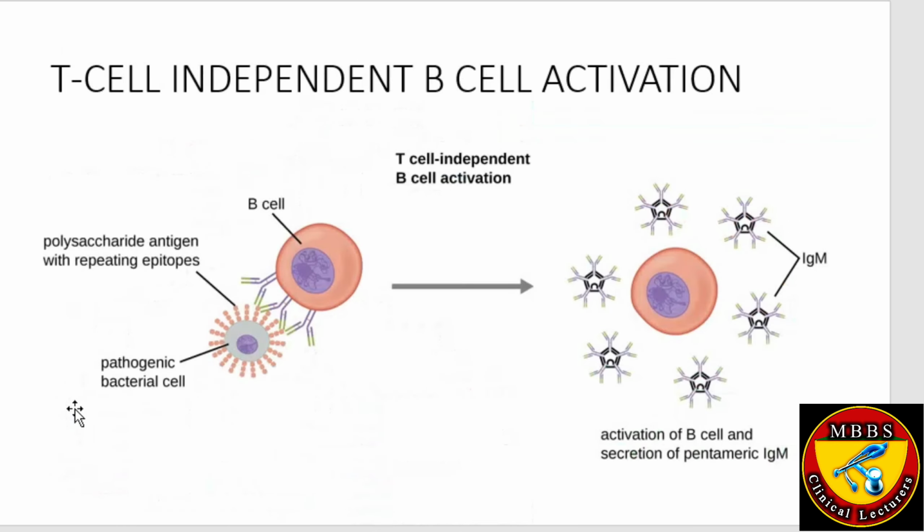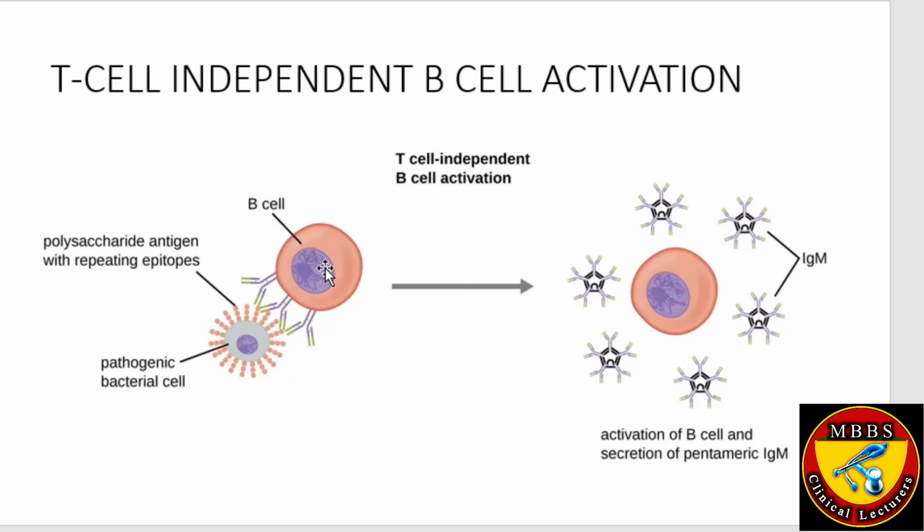Now we come to the mode of activation of B cells. After clonal selection, that is, after the antigen binds, the lymphocyte is stimulated to proliferate and produce more lymphocytes with the same type of antigen receptor, forming a clone of cells.